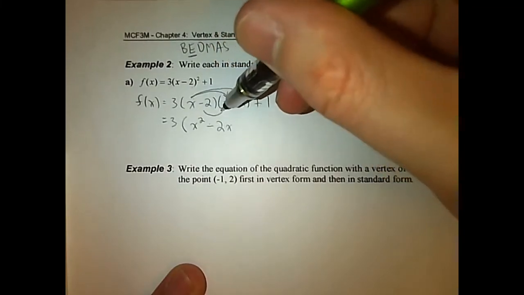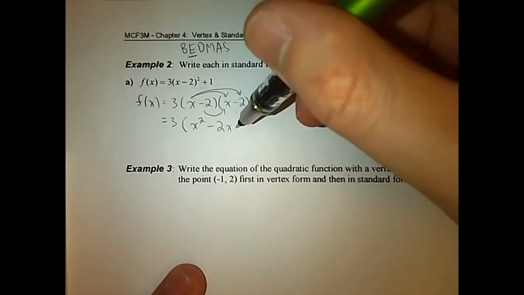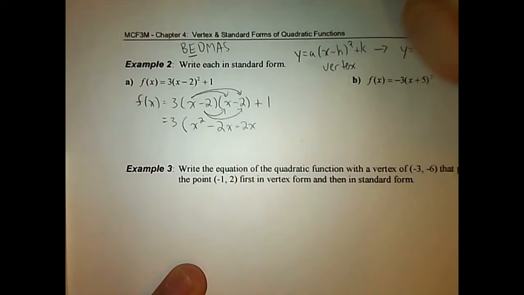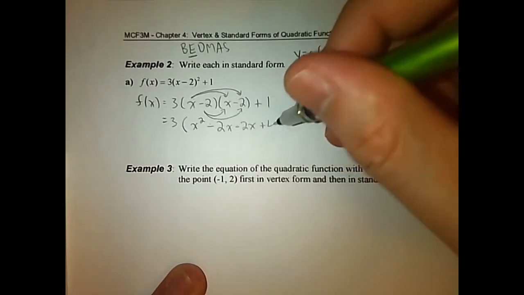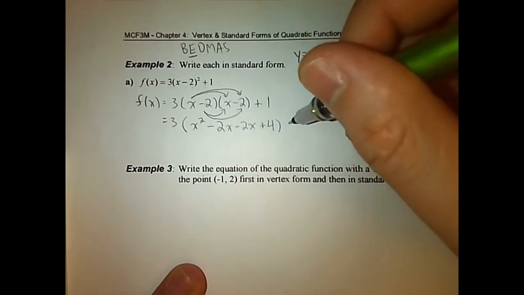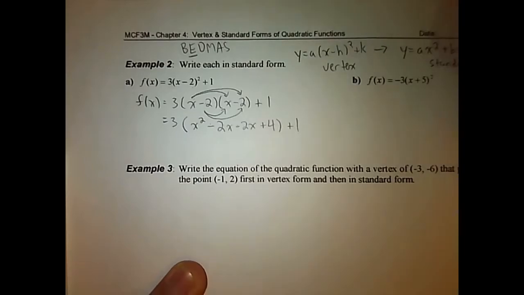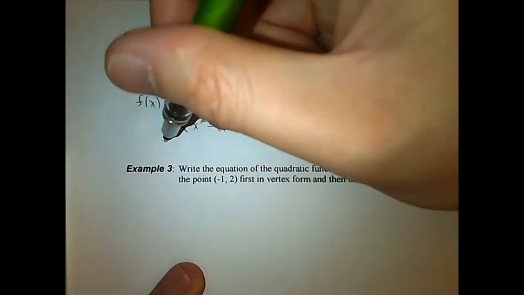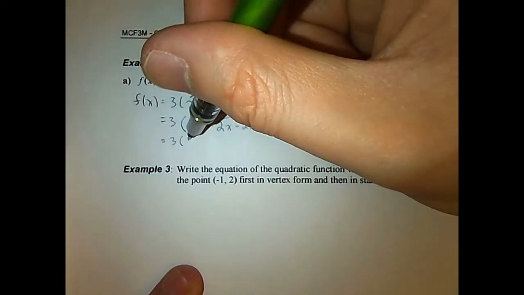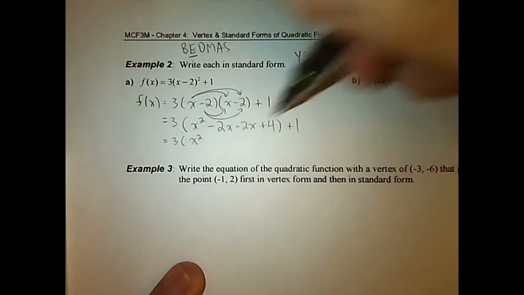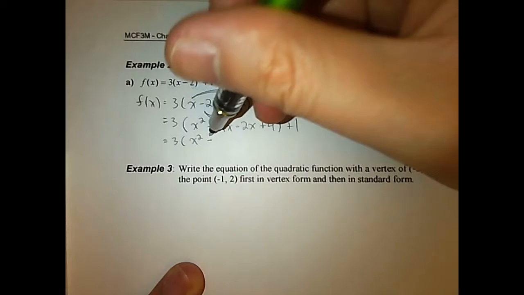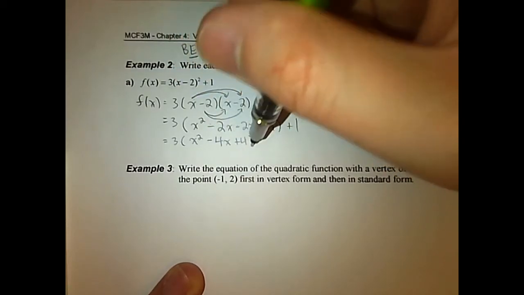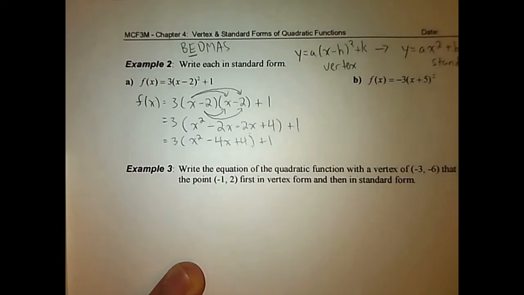Then the inner ones, negative 2 times x is negative 2x, negative 2 times negative 2, positive 4, because two negatives make a positive, plus 1. So now I could just multiply this in. I'm just going to clean this up a little bit. 3x squared minus 2x minus 2x is minus 4x plus 4 plus 1.